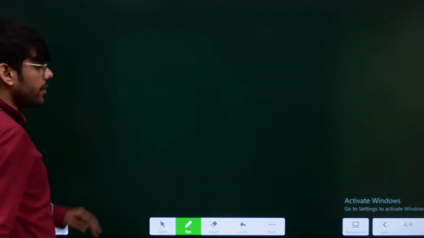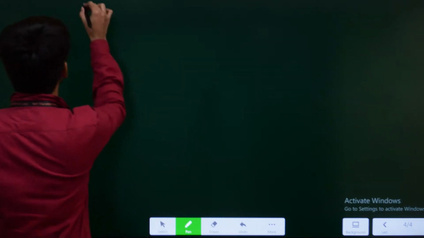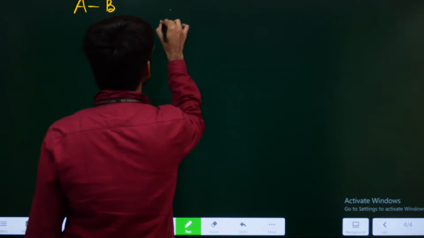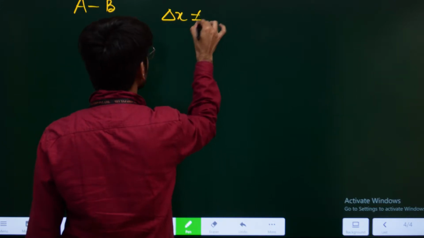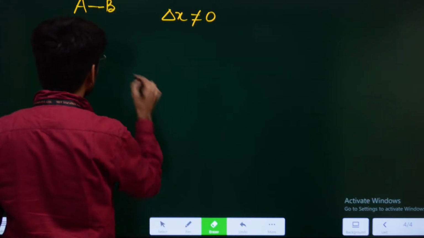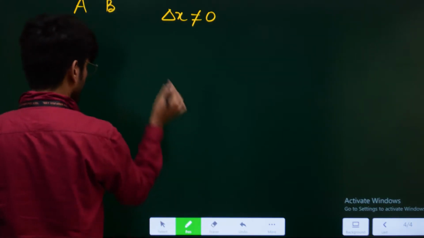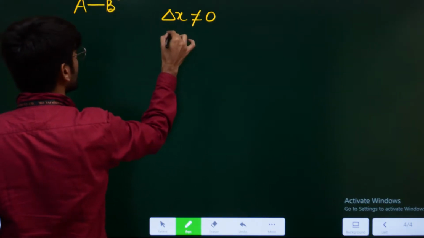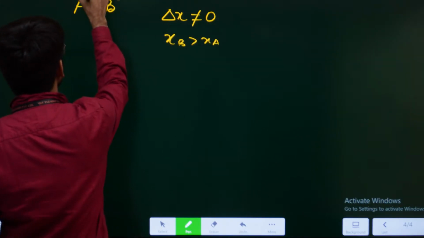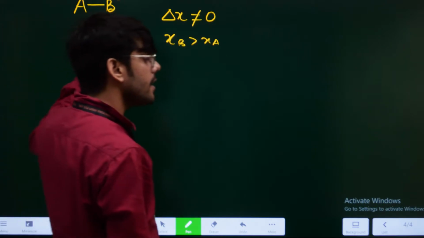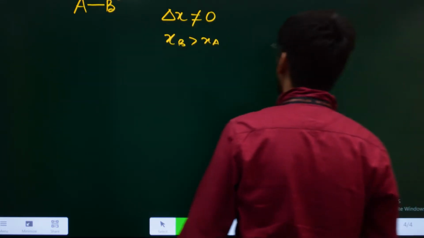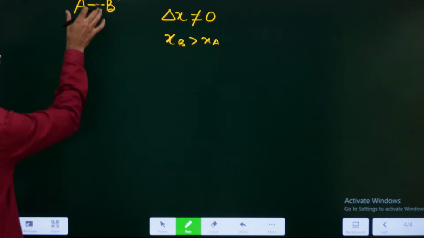So see, we saw that if this is a covalent bond, and the difference in electronegativity is not equal to 0, then there is a creation of polarity. Suppose chi B is greater than chi A, then this is partial negative, this is partial positive, and I'm saying that the covalent bond has got ionic character. Ionic character has been developed in a covalent bond.